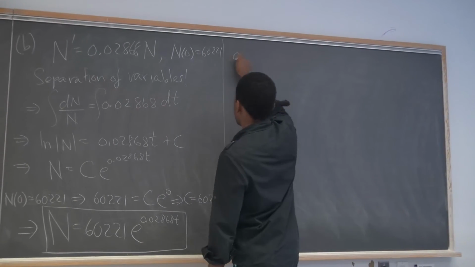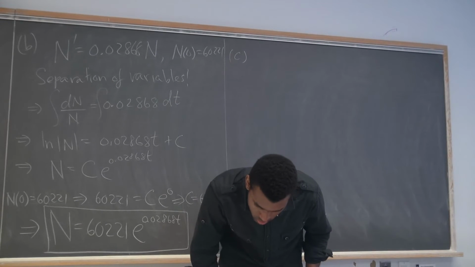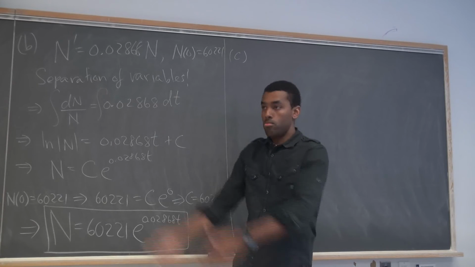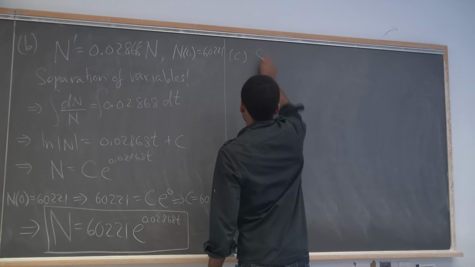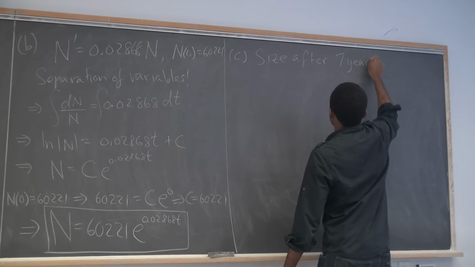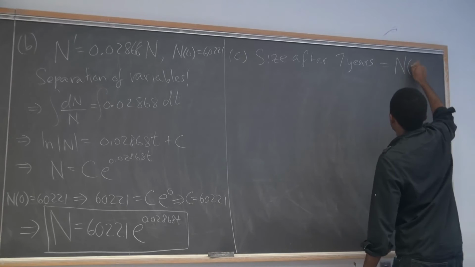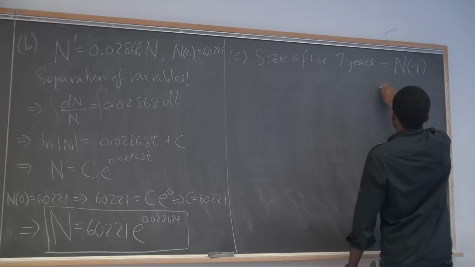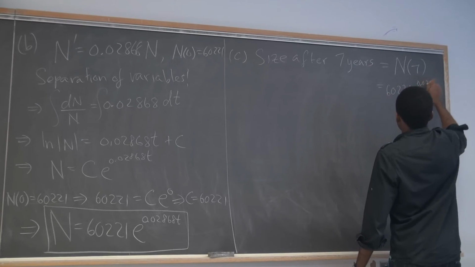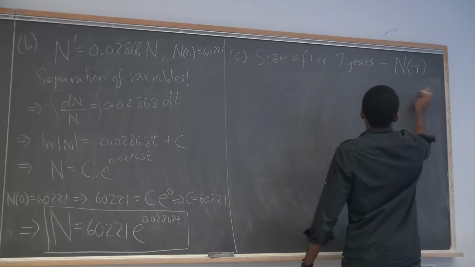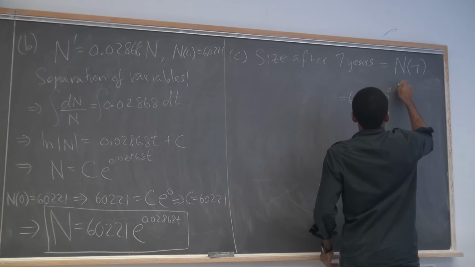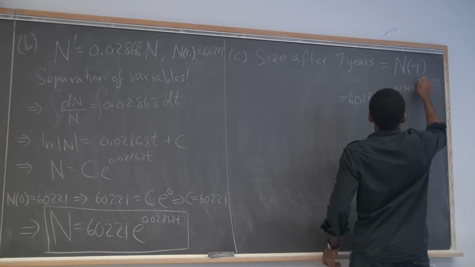So that's part B. Part C. What will be the size of the population after 7 years? Plug in 7, right? Size after 7 years equals n of 7. t was measured in years. So this is just 60221 e to the 0.02868 times 7.